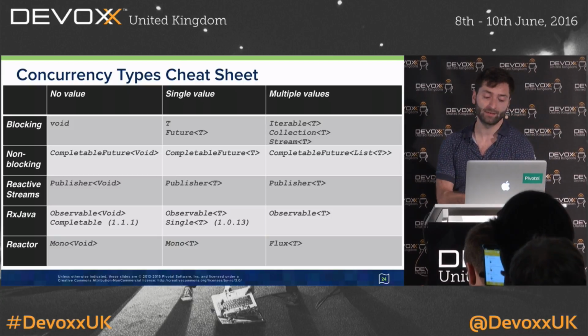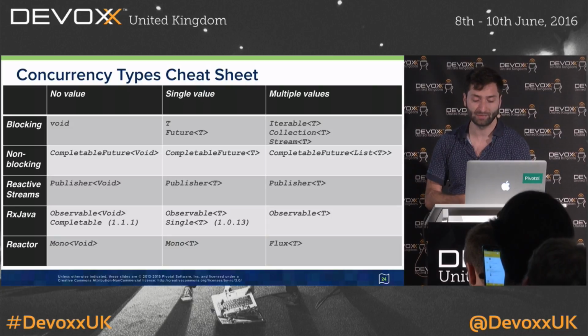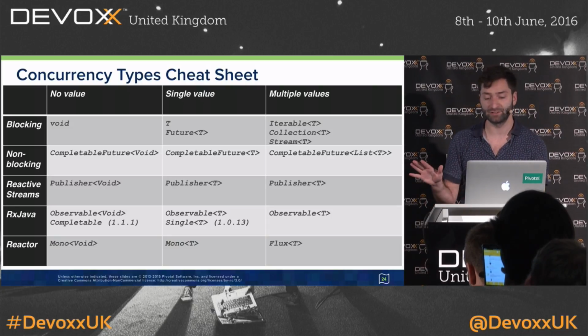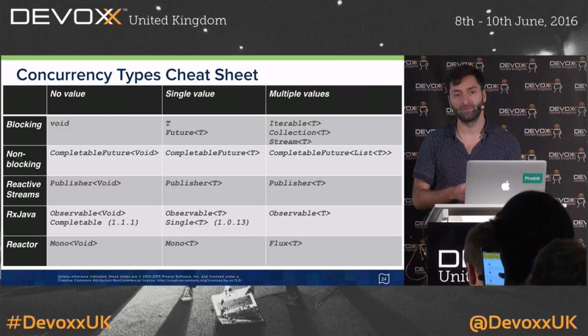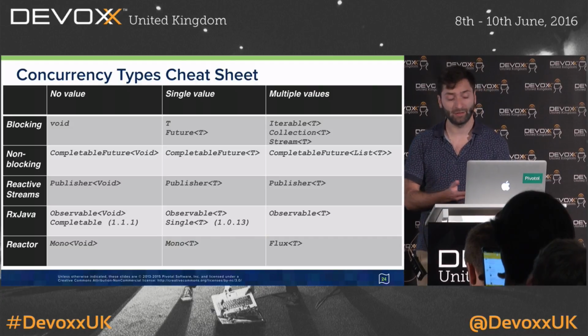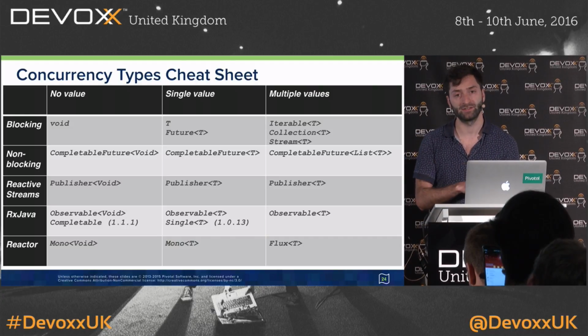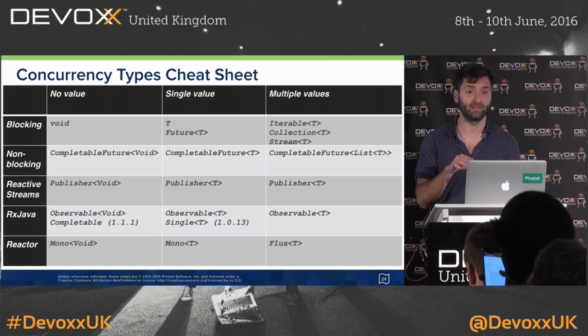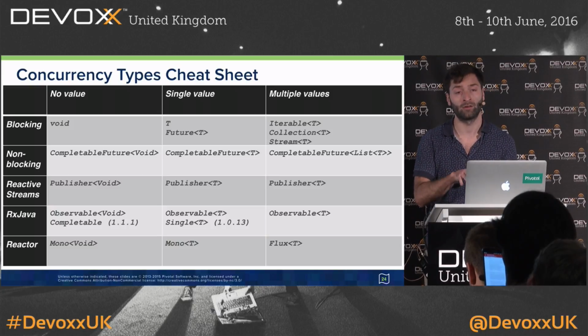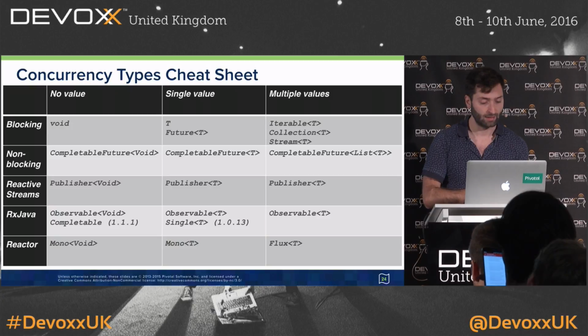Then you have Reactive Streams, which I said as Publisher<Void>, Publisher<T>, no distinction. And then there is RxJava, which is famous for implementing the reactive extensions, and Reactive Streams is derived from RxJava, or reactive extensions in general.